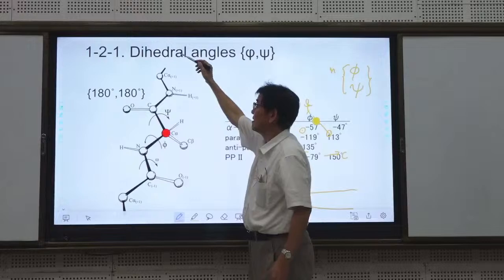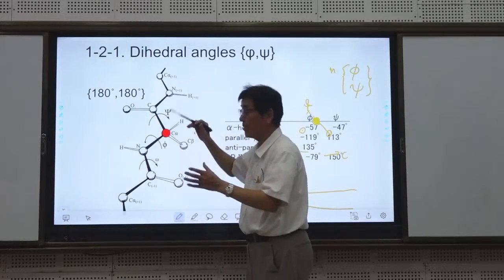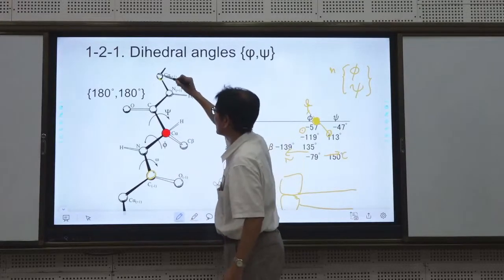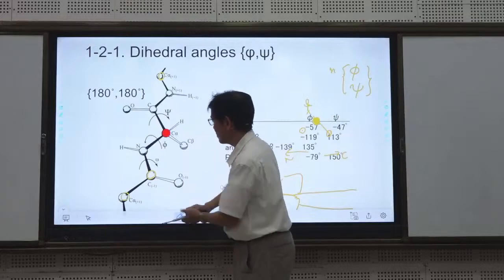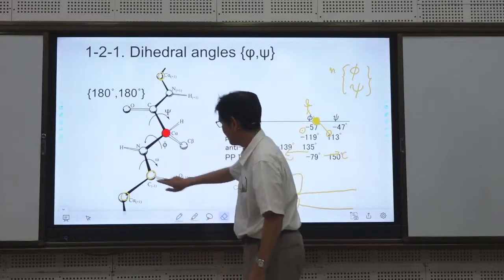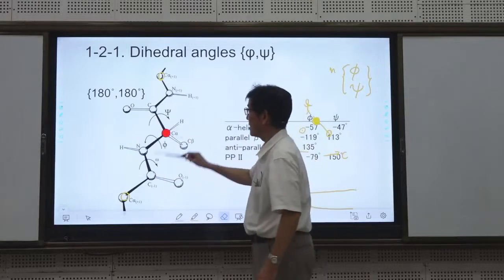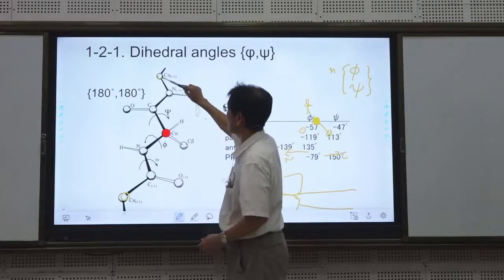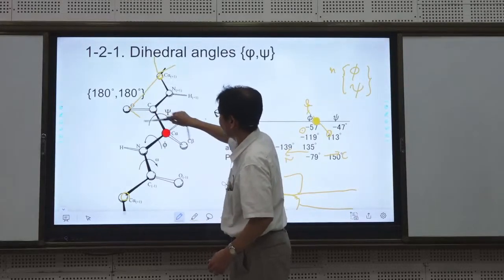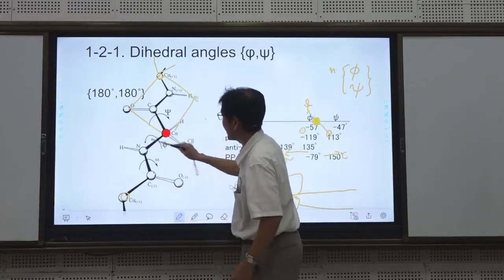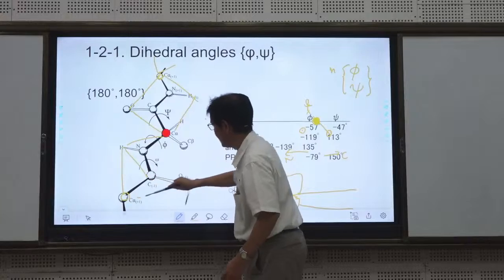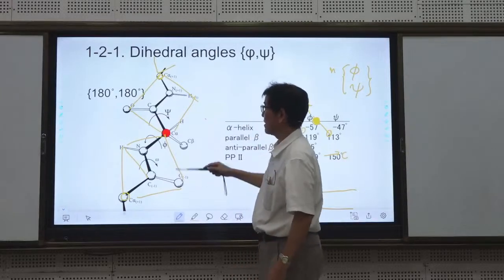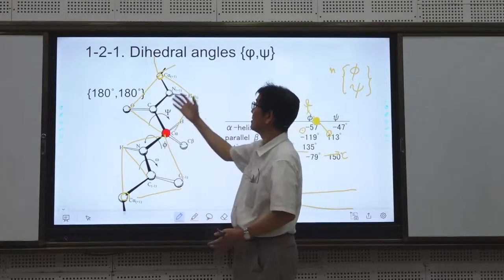And again, protein is a polymer that consists of amino acid. So there are carbon alpha, carbon alpha, carbon alpha, carbon alpha. This is carbon alpha, carbon alpha. So for each carbon alpha, we can define the plane.